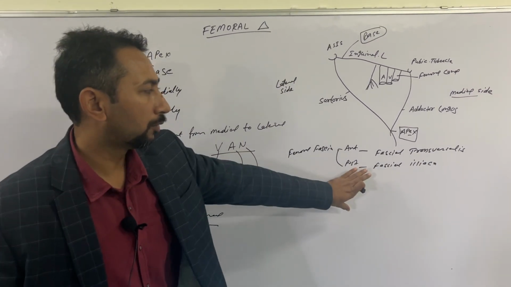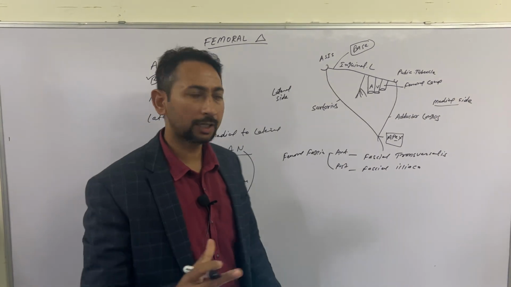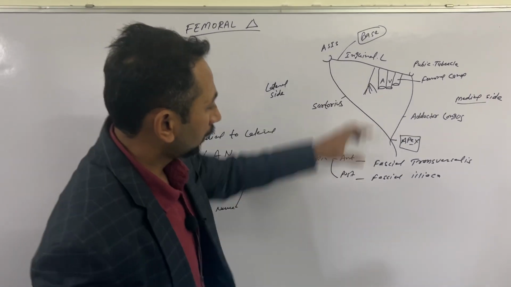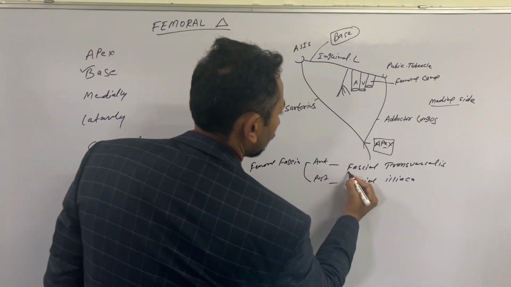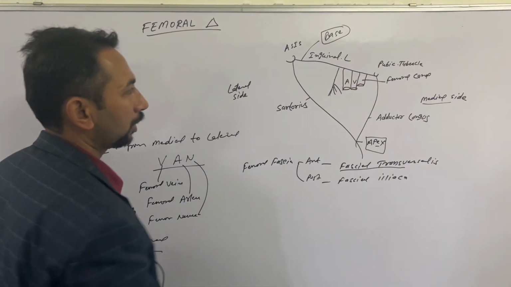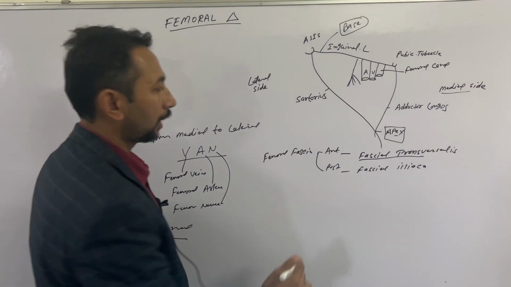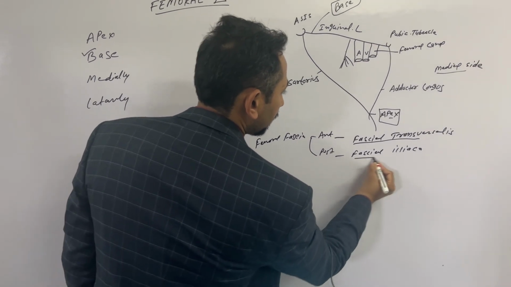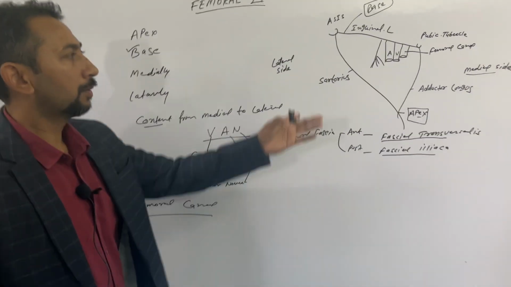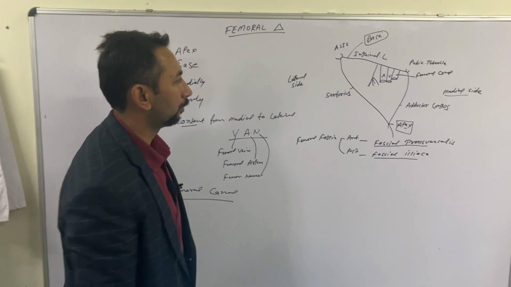The fascia iliaca covers the iliacus muscle present on the iliac fossa. So anteriorly this fascia covers the femoral vessels and forms the femoral canal, and posteriorly this fascia covers the femoral vessels and forms the femoral canal.